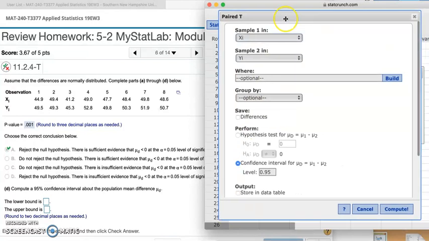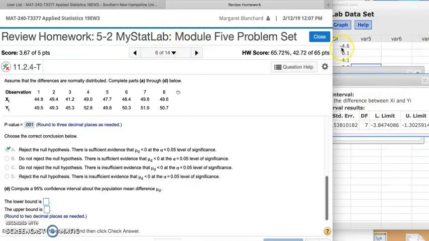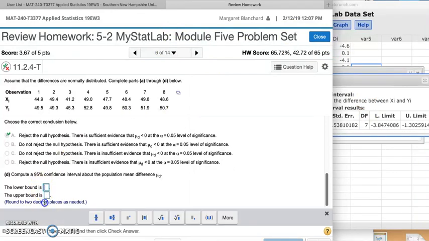And we're doing the 95%, so we don't need to change the confidence level. We're going to click Compute. Get our lower and upper bound. So here our lower bound is right here, and we're rounding to 2 decimal places. That's going to give us negative 3.85. And then our upper limit is negative 1.30. Let me just double check those.